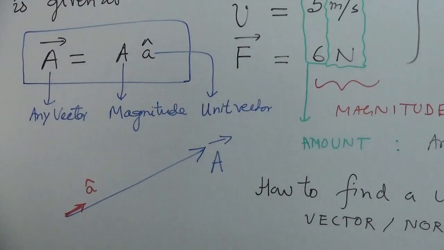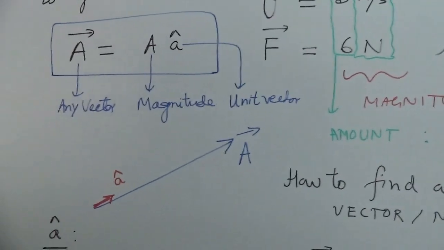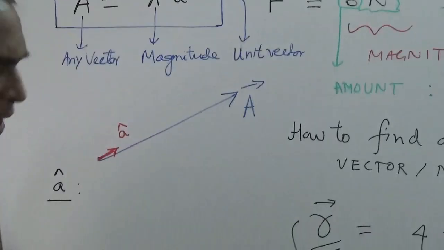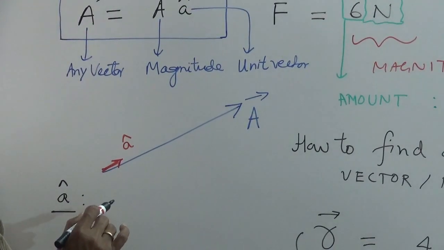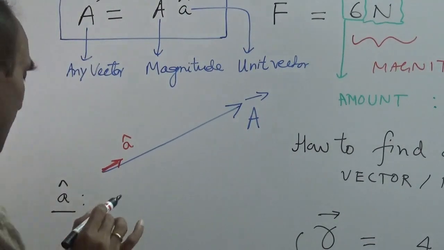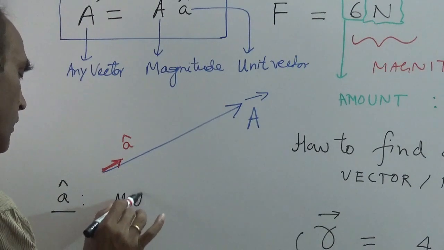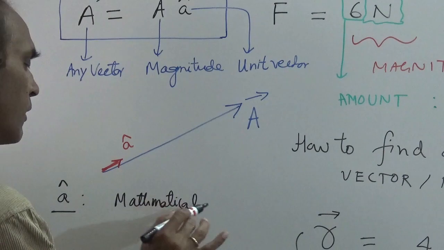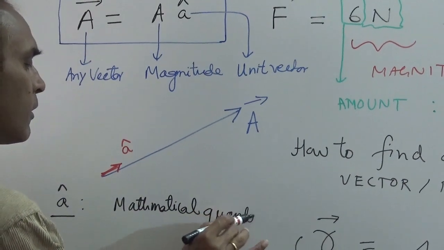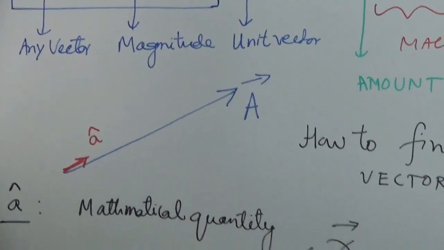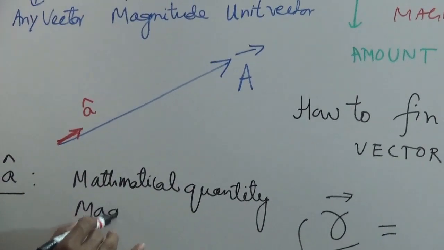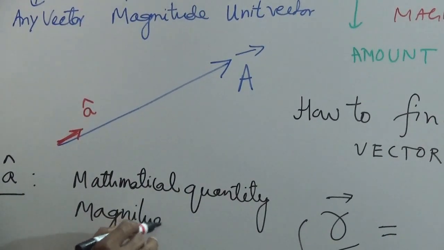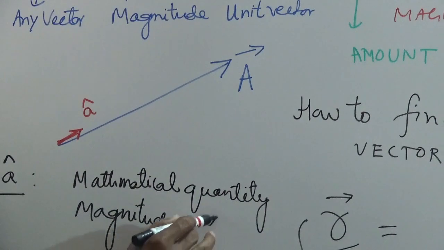So the unit vector has 5 properties. It is a mathematical quantity. Its magnitude is equal to 1.